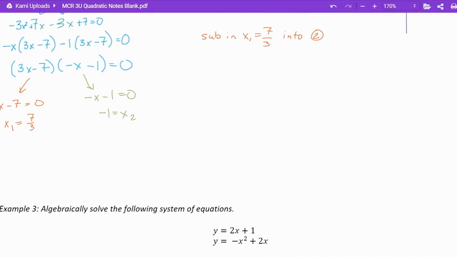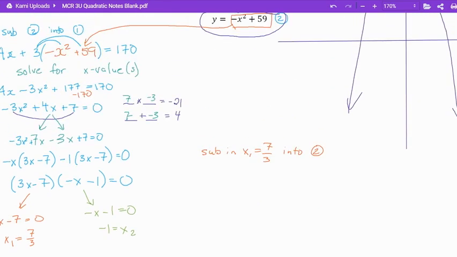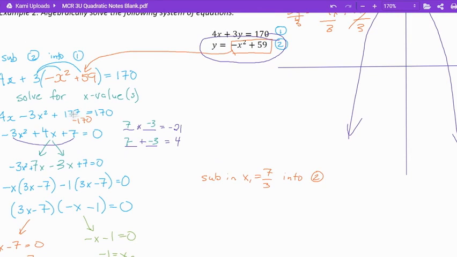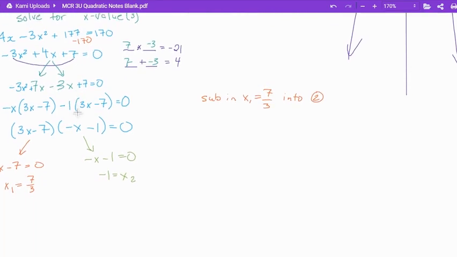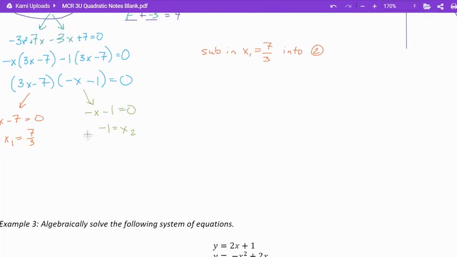So now how do we finish this question off? Don't tell me. Turn to the person next to you and tell them how you are going to finish this question. Okay, so just a review. We substituted one equation into the other. We used factoring to solve for x1 and x2. Now what?